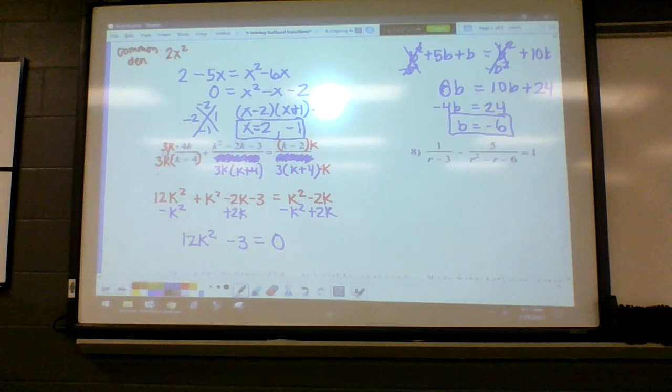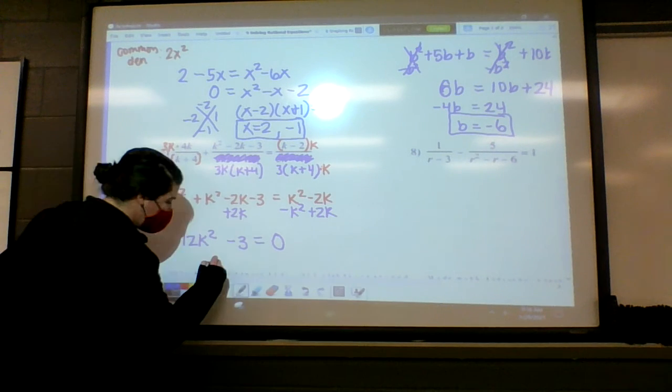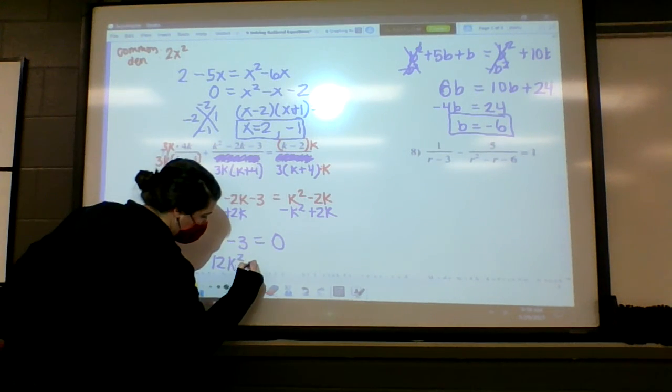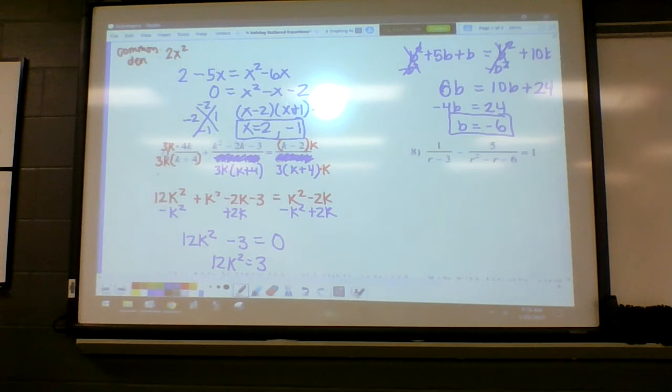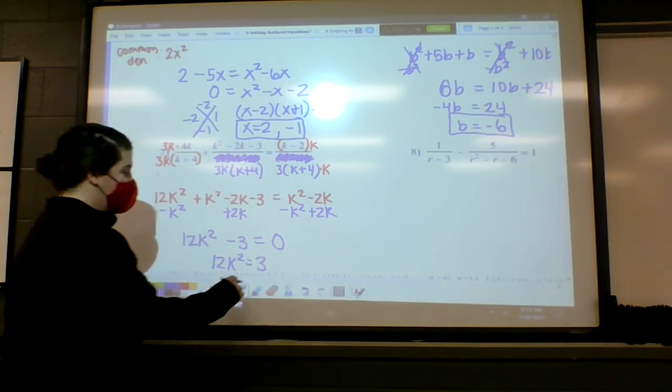All right, how do we solve this guy? Move the 3 over, okay. Equals 3. From there, divide by 12, we can do that.